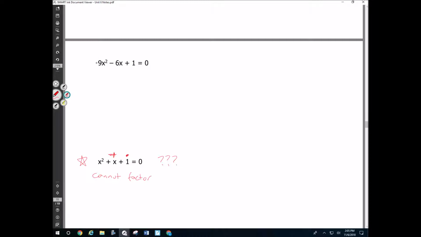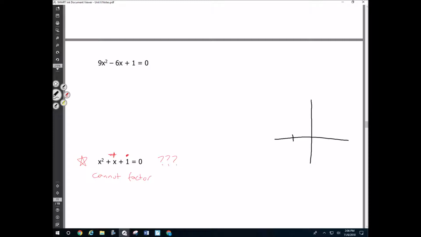And let's say, though I can factor this, I didn't know how to factor this. Okay? Well, we could have a situation where our graph doesn't cross the x-axis, and sometimes that happens. Or we could have a situation where our graph does cross the x-axis.